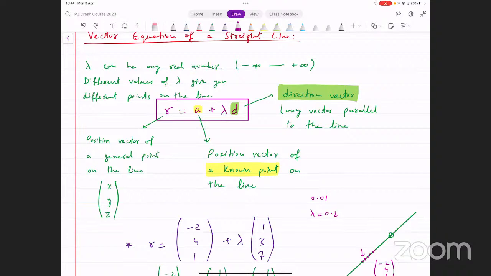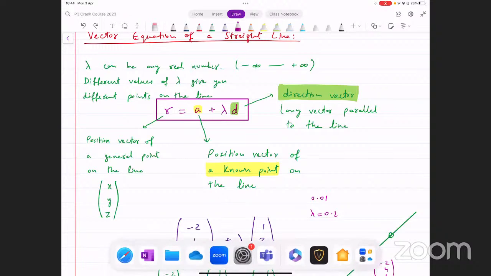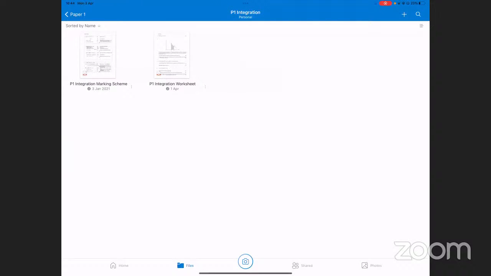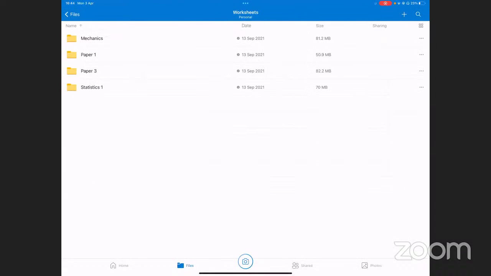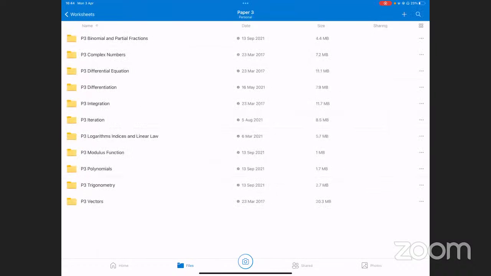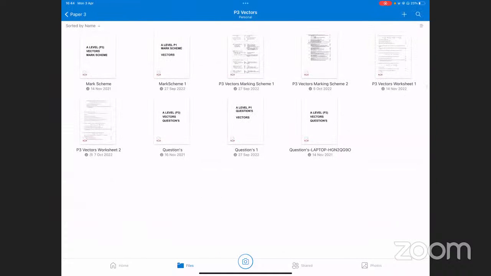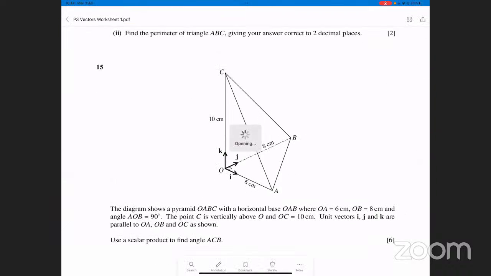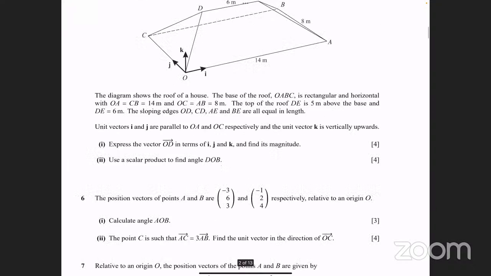Now, let's quickly take an example on this. So now you should be looking at the second vectors worksheet. We will be doing some questions from that worksheet now. Let's start with something very simple.